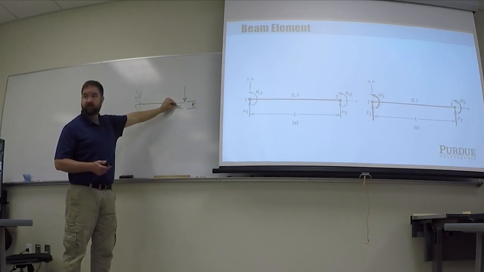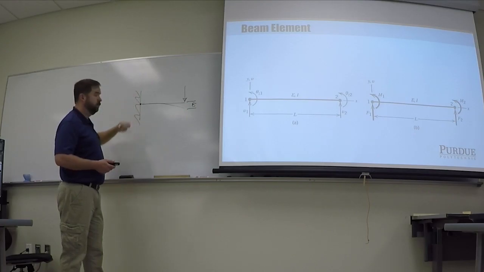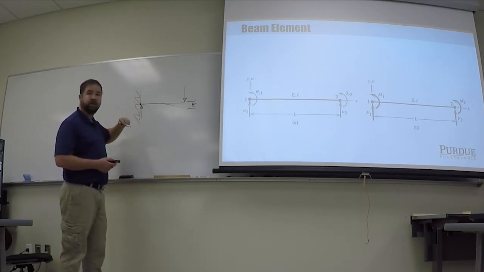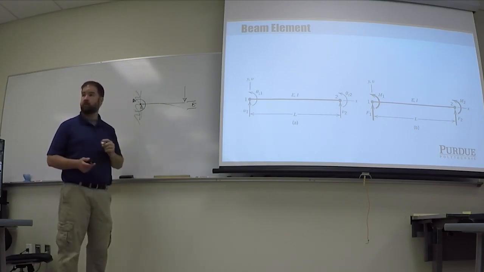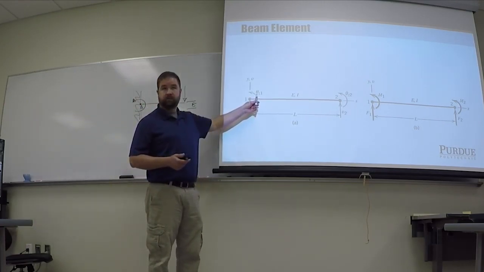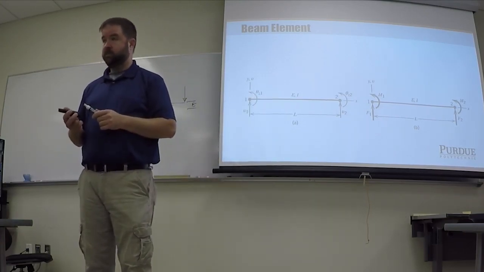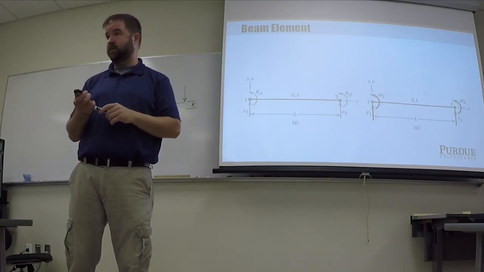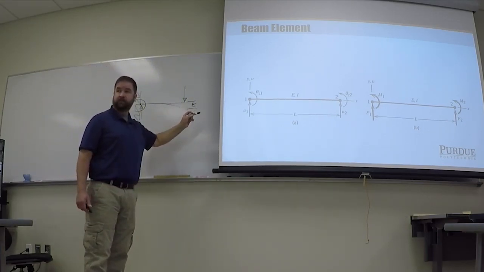So I have to have some rotational degrees of freedom. If I think about back here at the wall, not only does this have to be held up with a force, it also has to be prevented from rotating with a moment. So I can't have a beam element that doesn't have the rotations. In order for this to be statically determinate, I have to have those rotational degrees of freedom as well as the displacement degrees of freedom.